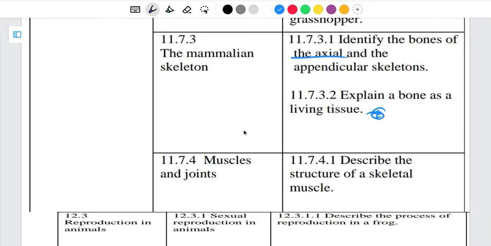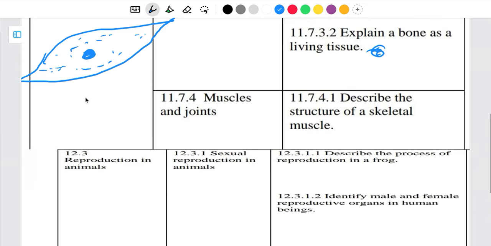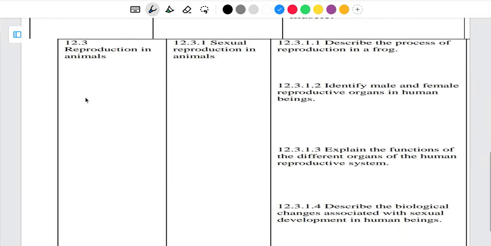Then muscles and joints. You have to describe the structure of the skeletal muscle. So here you have to draw the structure of the skeletal muscle as well. Then describe the function in terms of contraction and relaxation. And then under reproduction, you have to describe sexual reproduction. You have to describe the differences between sexual and asexual reproduction.